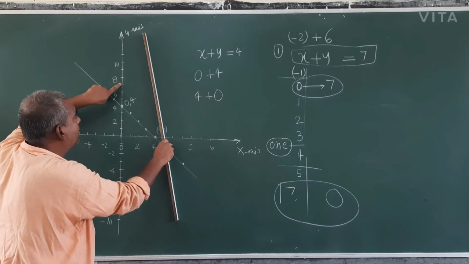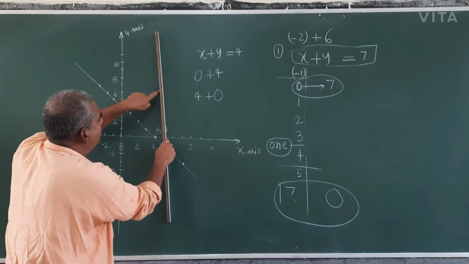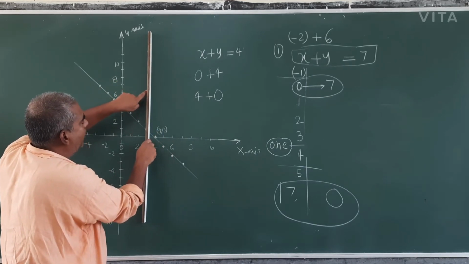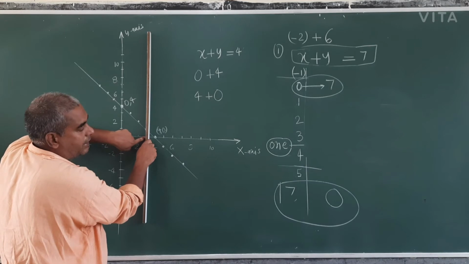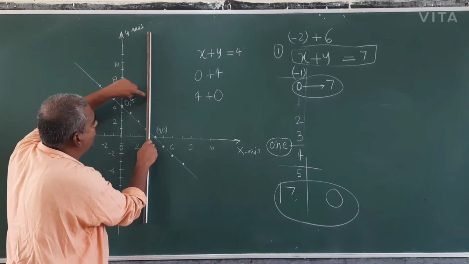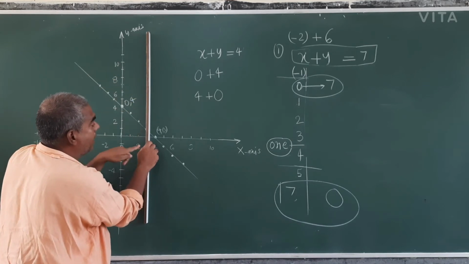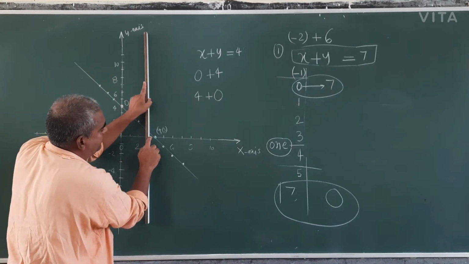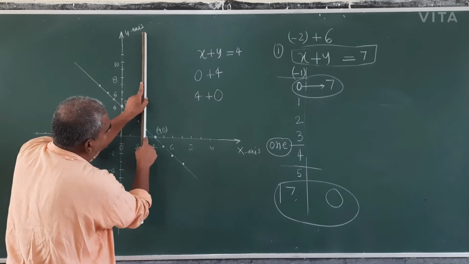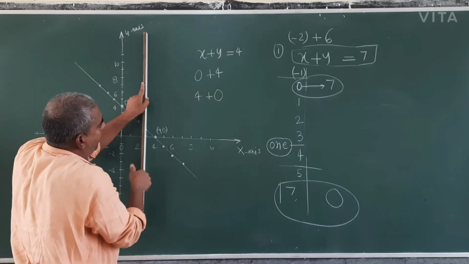When it will not cut the y-axis, it is cutting the x-axis. When it will be parallel to this, I will tell you in class 9th, chapter number 4, when this will be parallel to the y-axis, this will not cut the y-axis, but till then it will cut the x-axis. Suppose it is here, this is x equal to 3 and parallel.